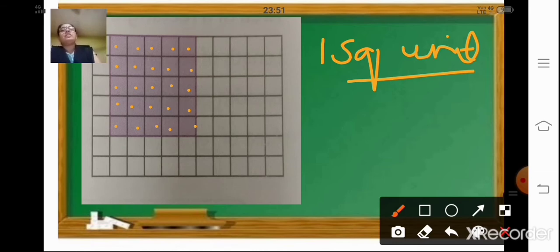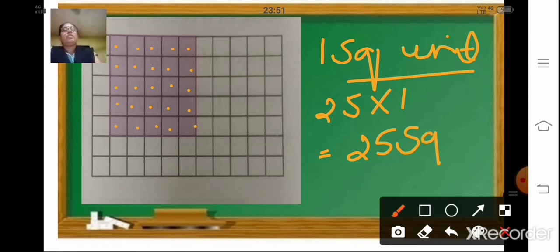So if we calculate the area, that is 25 into 1, that is equal to 25 square units. Okay. So the area covered by this figure is 25 square units.